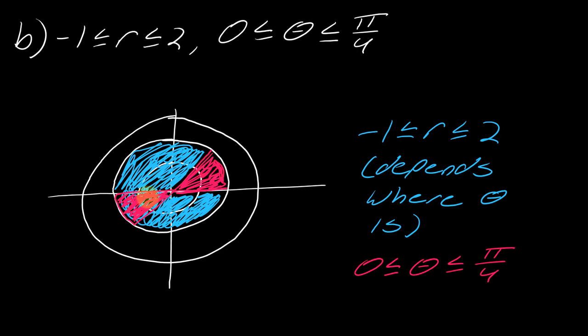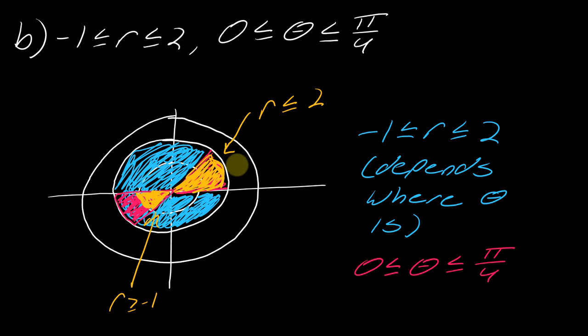Now, I need only a positive radius up to 2. So here's where my positive radius would be up to 2. And then also I need my r to go to -1 on the negative side. So on this side, I need to reflect just an r of -1. So now things are kind of coming together. So from here to here, this is where I'm maintaining that theta and where my r is going to be less than 2, right?